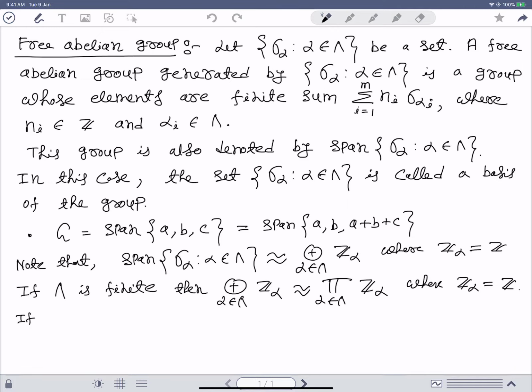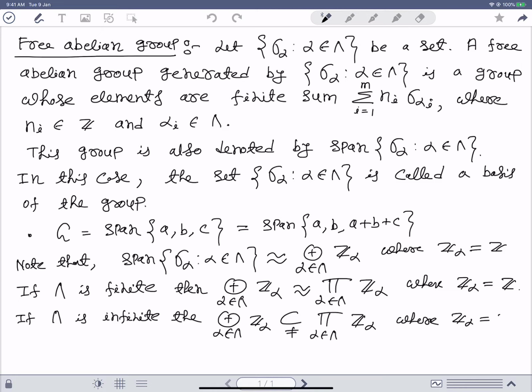So if lambda is infinite, then these two groups are different. In fact, in that case, the direct sum of Z alpha is a proper subgroup of the product of Z alpha, where each Z alpha is actually Z. Why? Because we know that any element of the direct sum can be written as a finite sum of the generators, right?